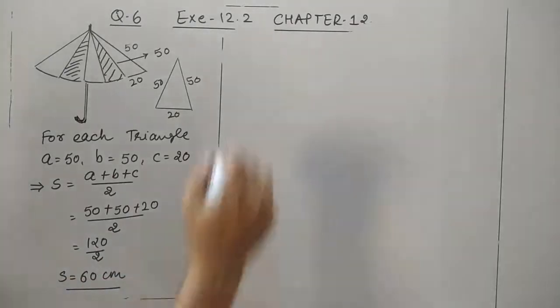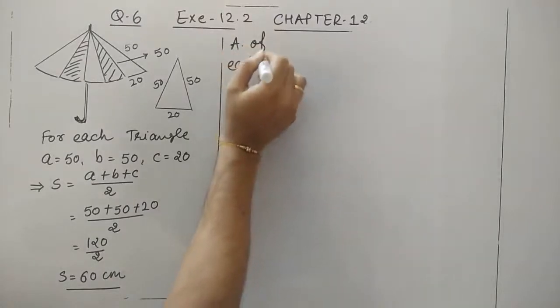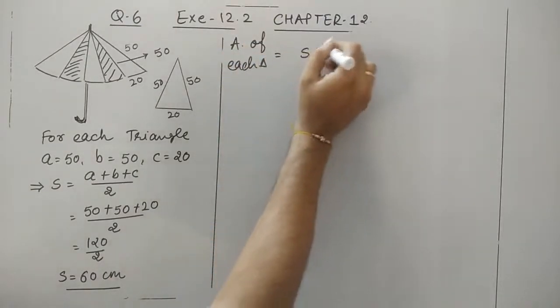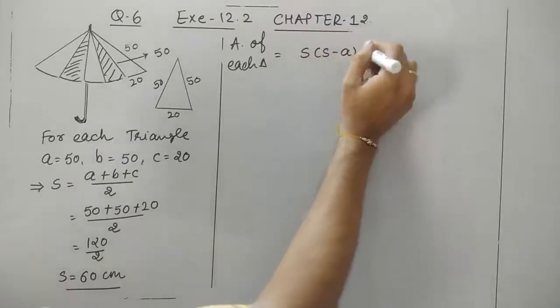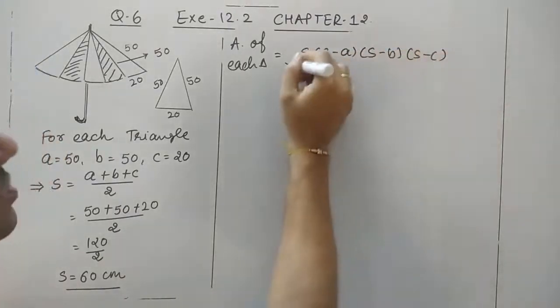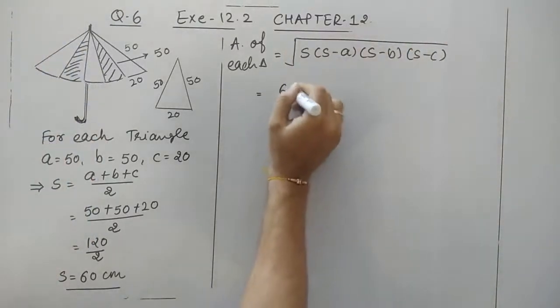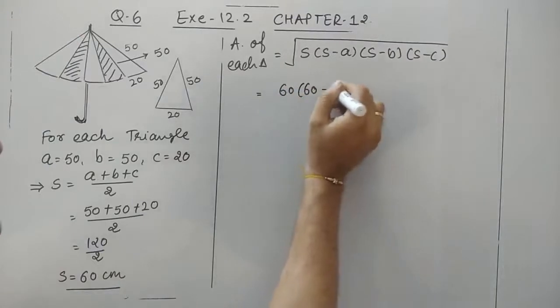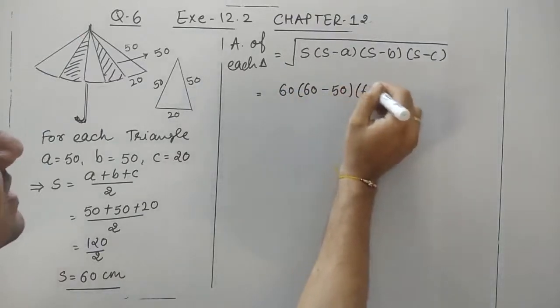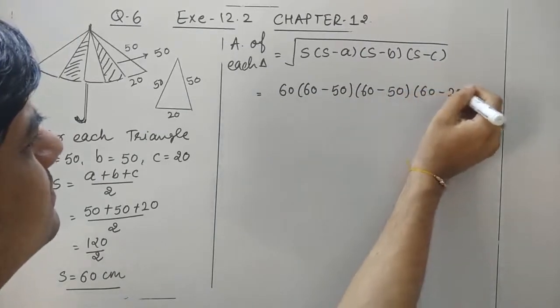Let's go for the area of each triangle. Again Heron's formula, the square root of S times (S minus A), (S minus B) and (S minus C). The value of S is 60, 60 minus A, 60 minus B and 60 minus C.